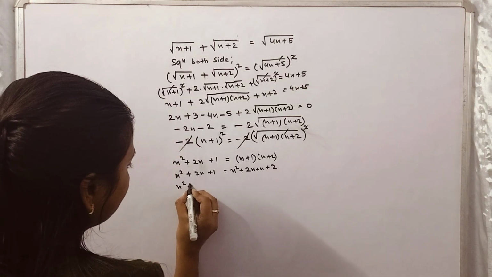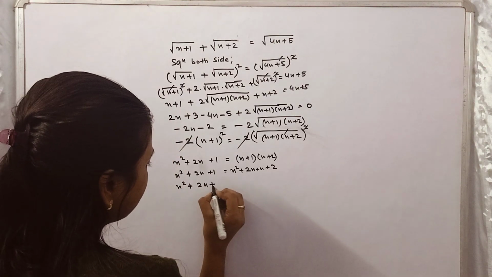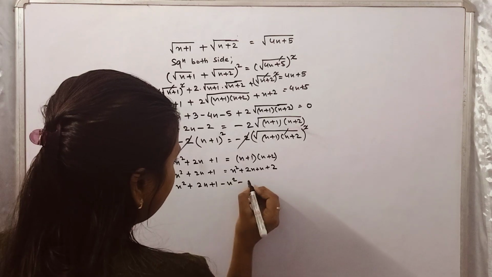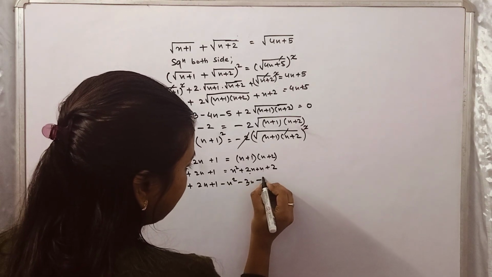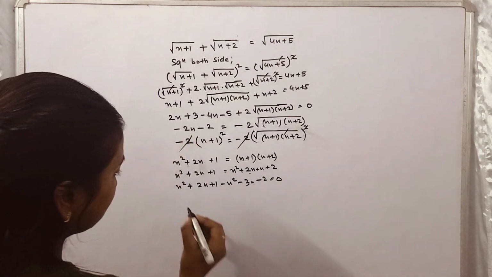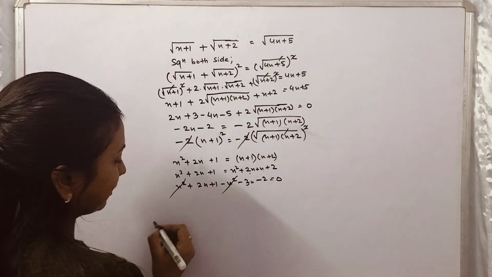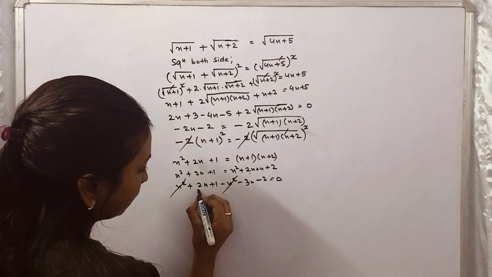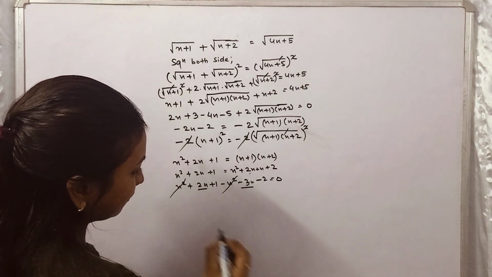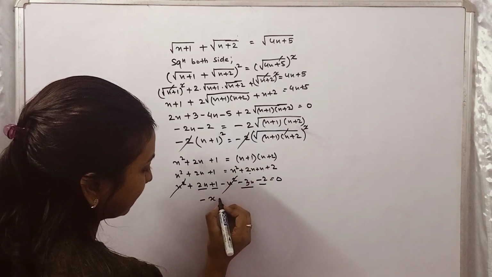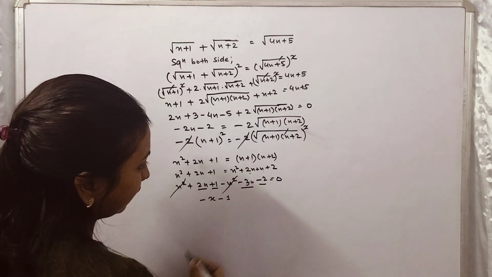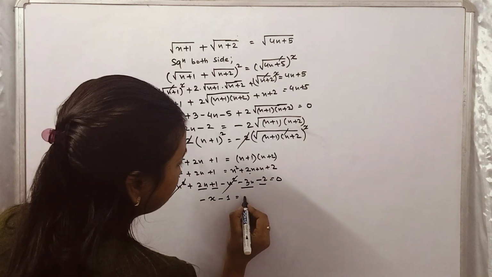So x square plus 2x plus 1 minus x square minus 3x minus 2, that is equal to 0. 2x plus x is 3x. Now x square and x square get cancelled out. So we have 2x minus 3x, so that will be minus x, plus 1 minus 2, that is minus 1. Fine. That is equal to 0.